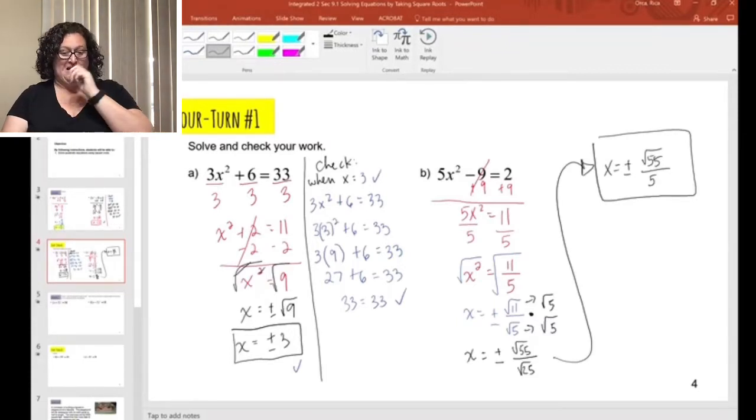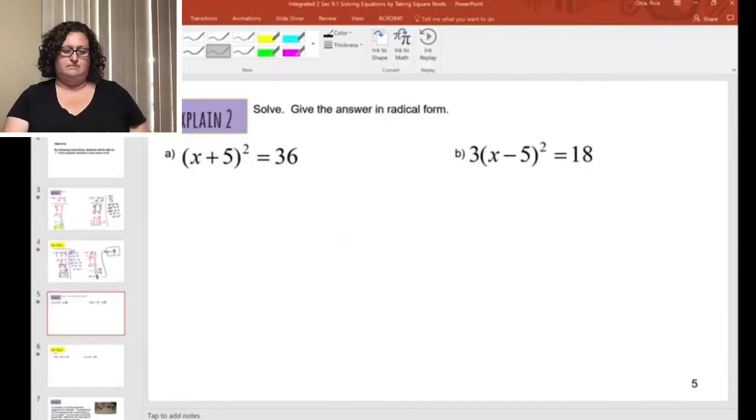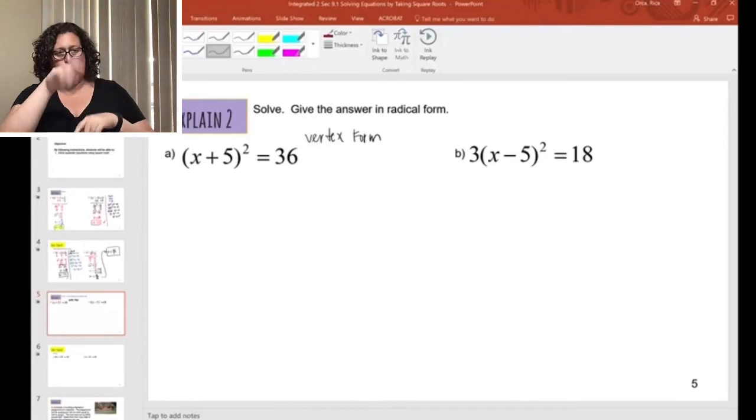Let's move on. So notice how in part A, the equation is in vertex form. And because it's in vertex form, we can go ahead and use the square roots method to solve this problem. If we look at the left-hand side of the equation, we need to get rid of the square.